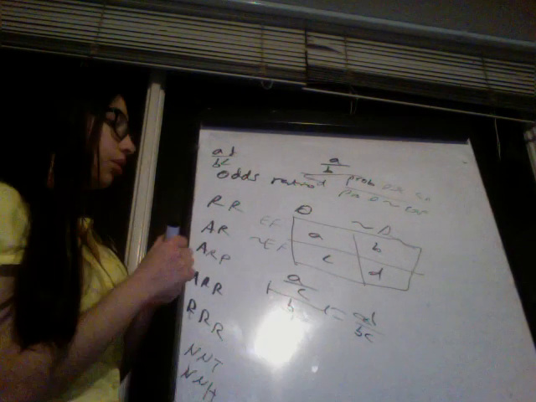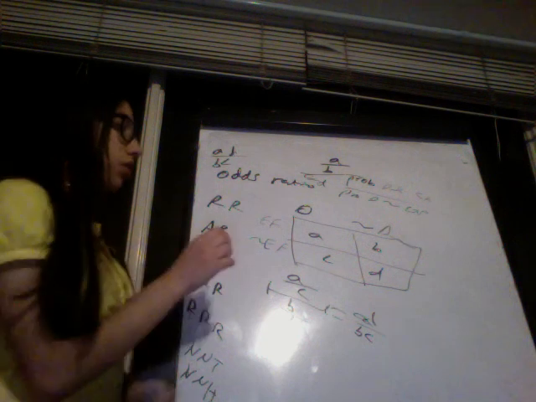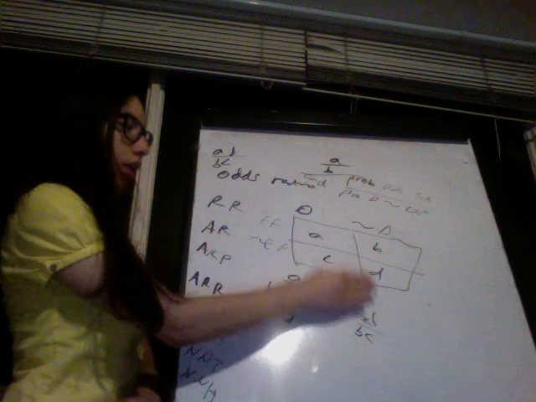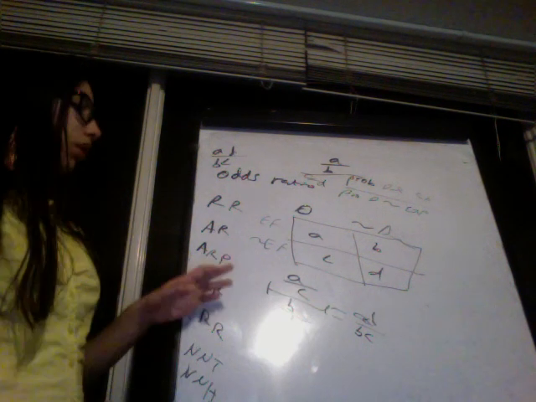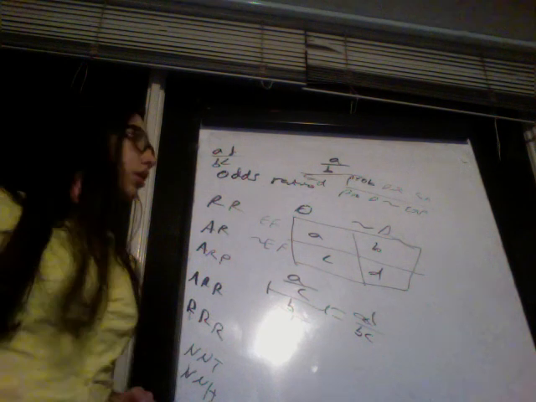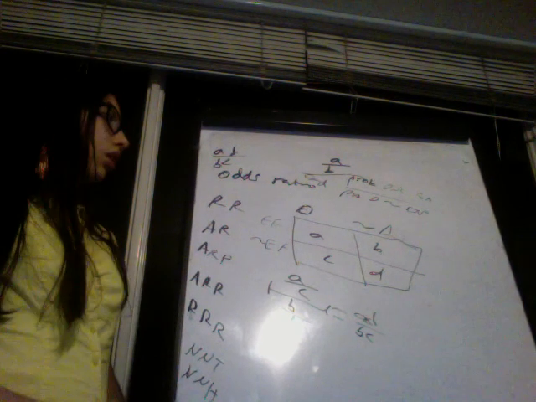So it doesn't matter which ratio or which odds you want to see. It is just the disease and exposure times the non-disease and non-exposure divided by the other two. But remember that it's more thinking than memorizing. This is the odds ratio and it is used in case control studies.